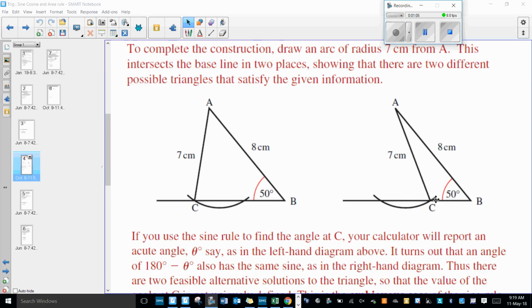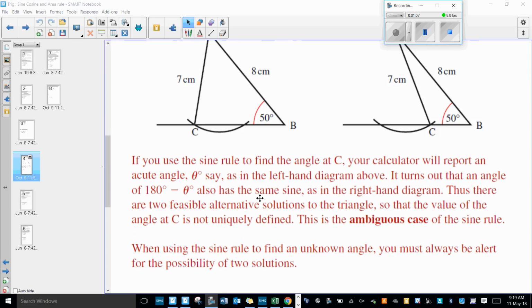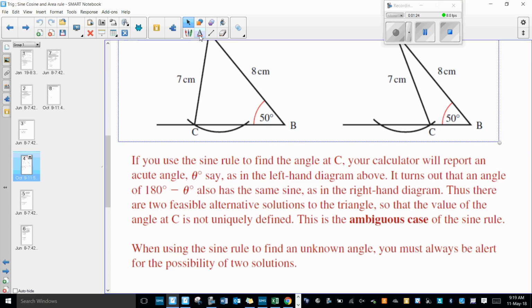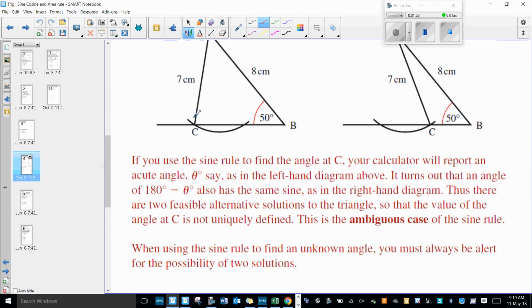Now, this situation arises because of the sine rule and the way that this triangle's set up. The connection between the 2 angles, and this is all you need to know, is that if we had this angle and this angle, these ones add up to 180.